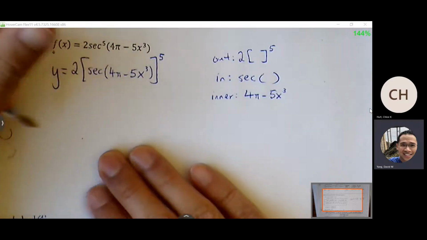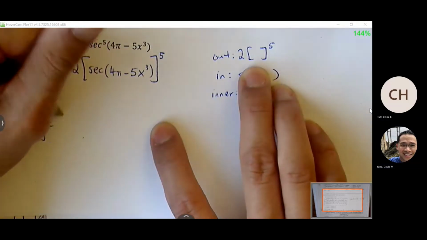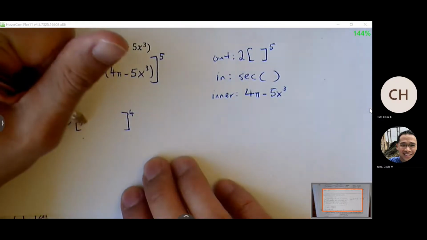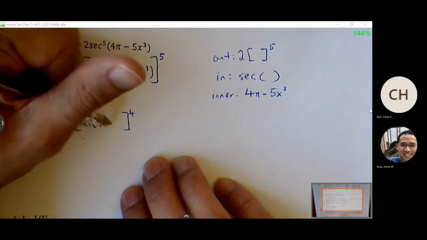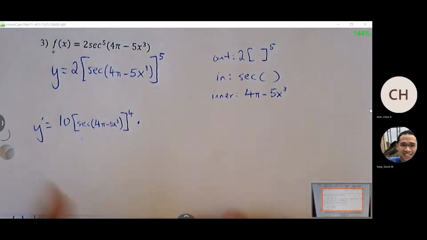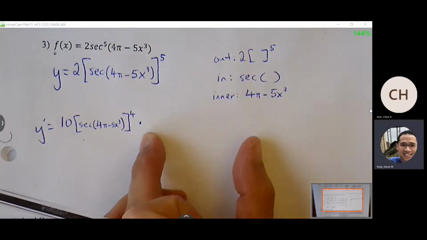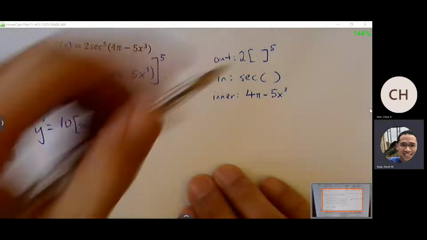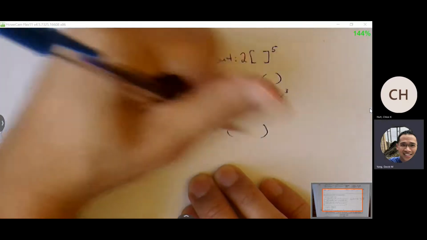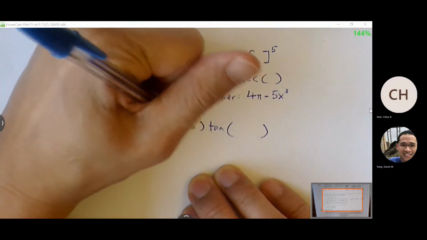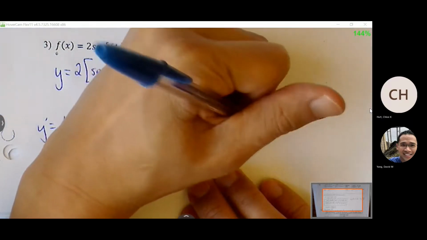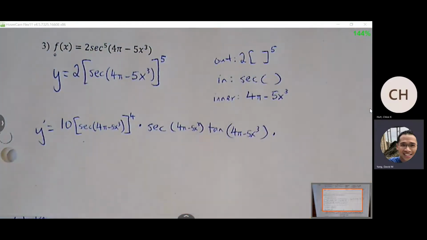Okay, outside's derivative first. Next up, secant derivative. And next up, the inner portion's derivative.